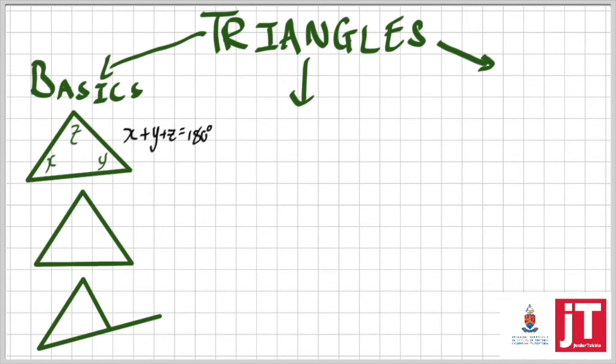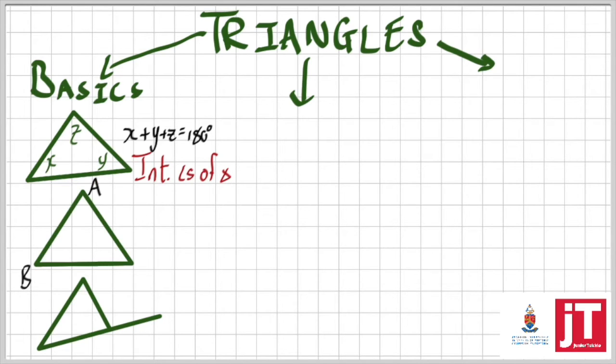There was nowhere where you actually prove that it's 180 degrees. Interesting, right? What would be our reason we give to the examiner? Interior angles of a triangle. Now, none of this is new. It all goes back to last year already.